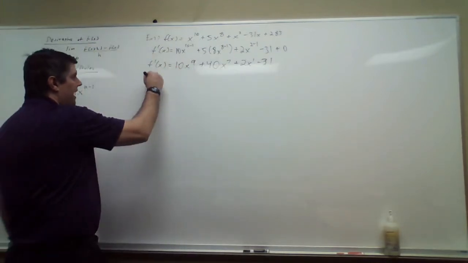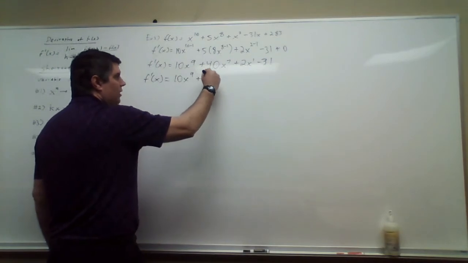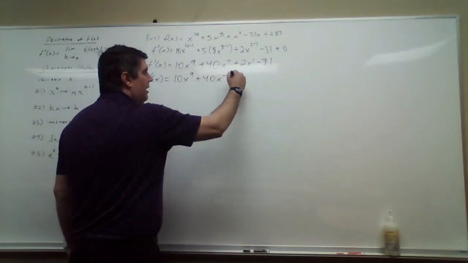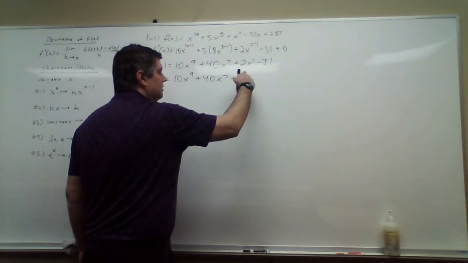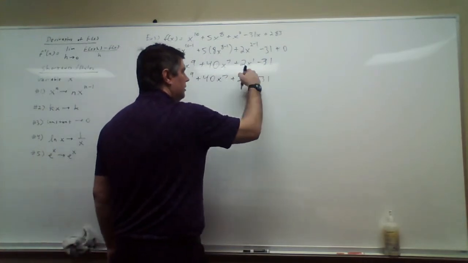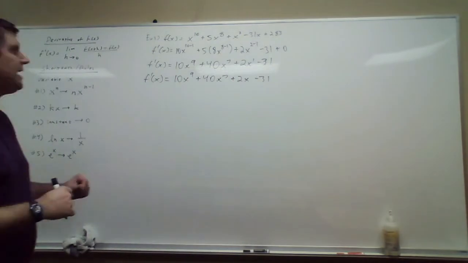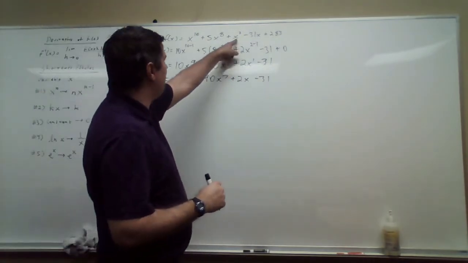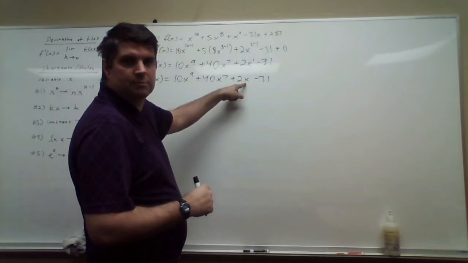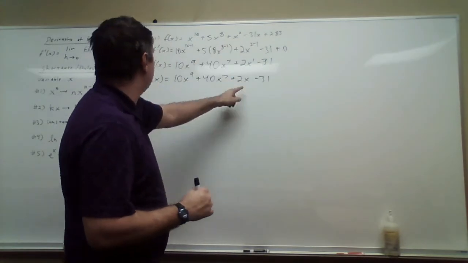So f prime of x is simply 10x to the 9th plus 40x to the 7th plus 2x minus 31. So I want you guys to get used to another idea. X squared is equivalent to 2x. X squared differentiates as 2x.